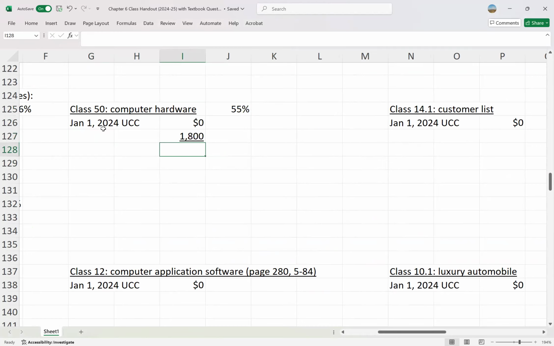And so we don't have a beginning balance, but let's just do a subtotal here. So the beginning plus the new addition, and then the CCA deduction for the year will be just 55%.